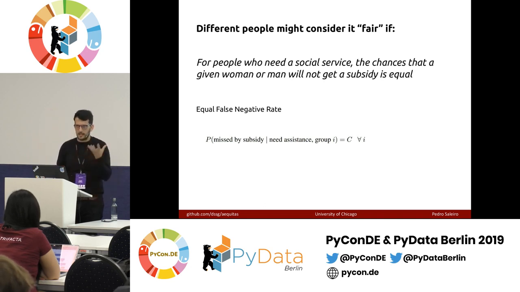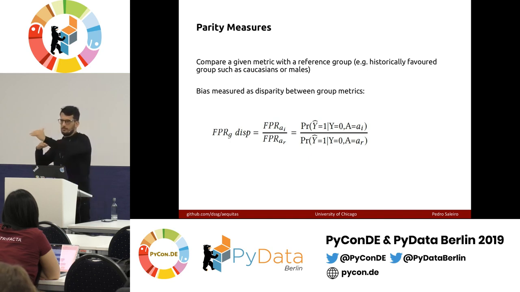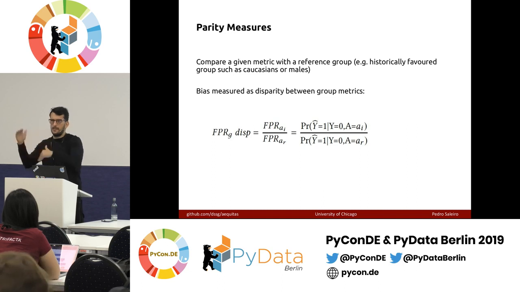Once again, it's the same kind of reasoning, many different metrics. Often, the way we are measuring fairness is based on parity. So we compare each one of these metrics that I just mentioned between 2 groups. So we compare the false positive rate of group A and group B, and we see the ratio.